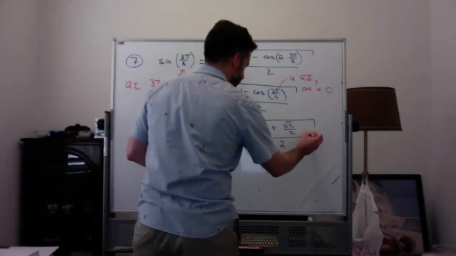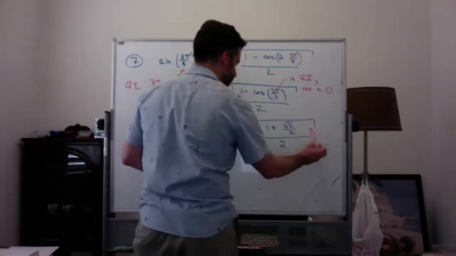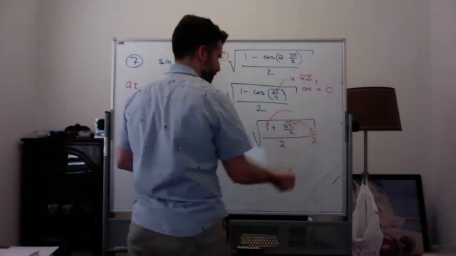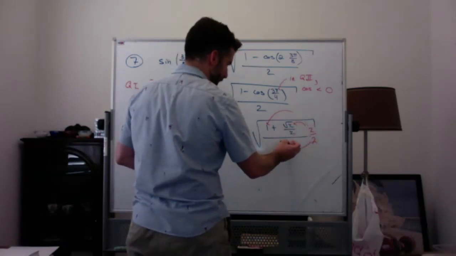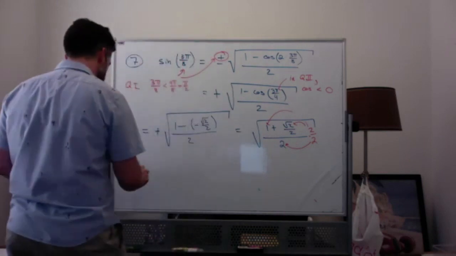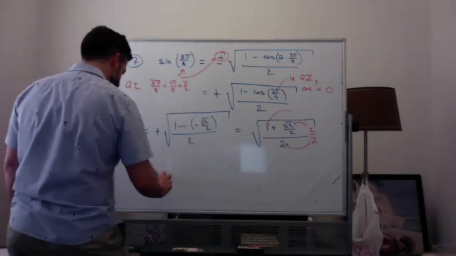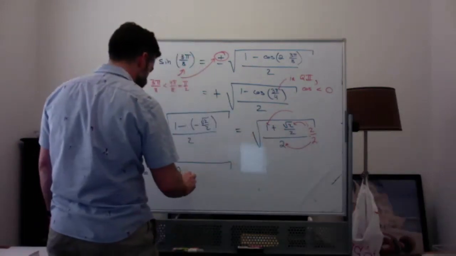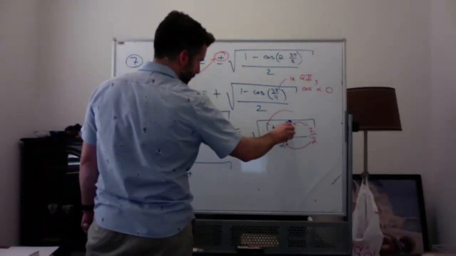So we have to multiply the top and bottom by 2 over 2. The 2 on the top distributes. The 2 on the bottom just multiplies the 2 there. So I end up with plus square root of 2 times 1 is 2, 2 times the square root of 2 over 2.